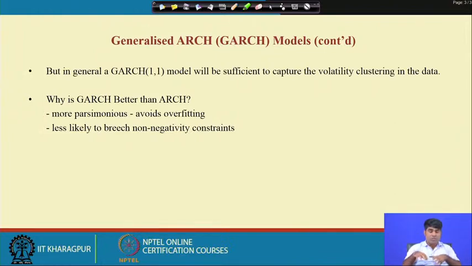Now, the question is why is GARCH better than ARCH? Obviously, it is not an issue of overfitting or underfitting. We may expect that there is a question of overfitting and underfitting, but what is exactly required is the exact fitting, which is the need of the particular process.